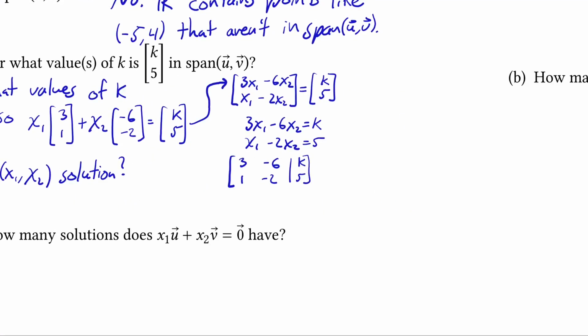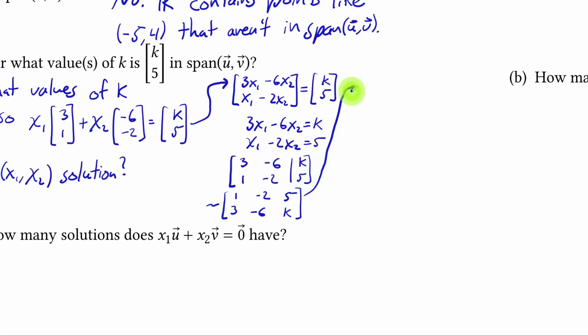Then we can do some row reduction to get the solution. Maybe we can start by swapping the two rows, then do a row replacement operation, to clear away this 3 here.